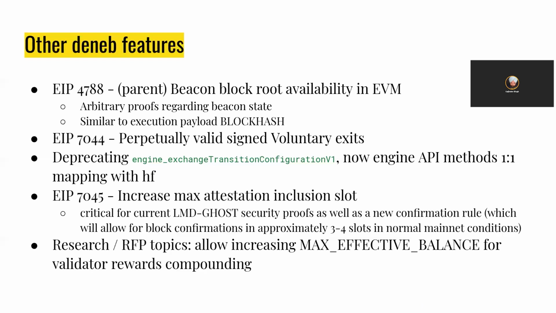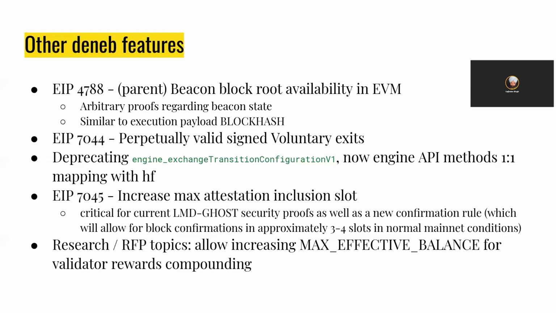And it will enable applications where people would want to not transmit it right now, but to re-sign and just retain it and maybe transmit at a later stage. And on the Engine API, some simplifications are being made where the exchange transition configuration endpoint is being deprecated, because Engine API methods will be in one-to-one mapping with the hard forks.